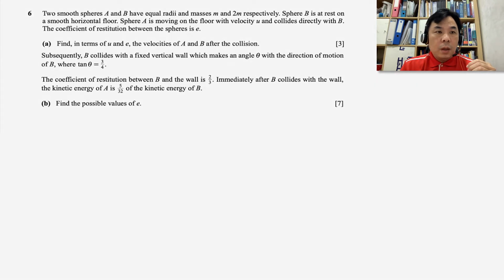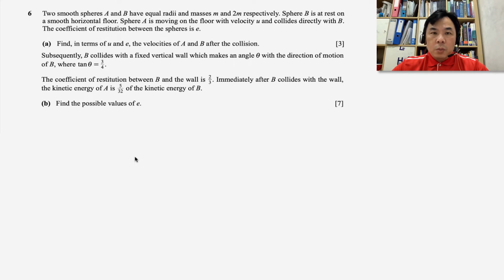Now, here we are looking at two smooth spheres A and B, which have equal radius and masses of m and 2m respectively. Sphere B is at rest on a smooth horizontal floor.